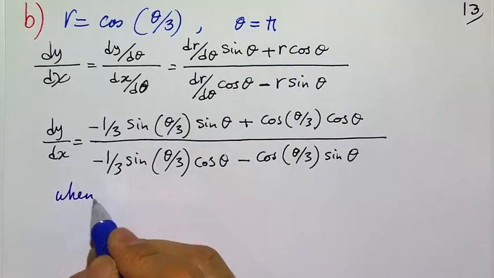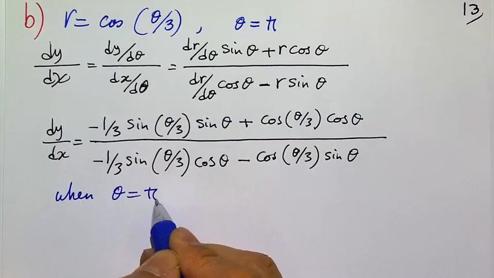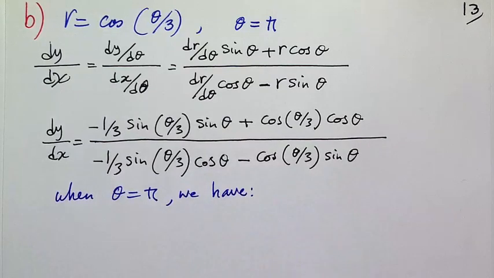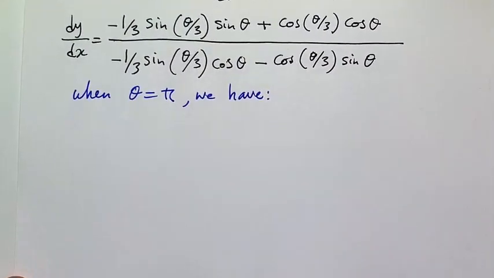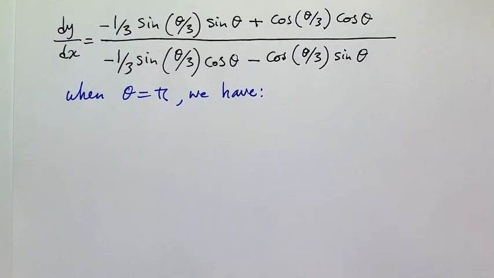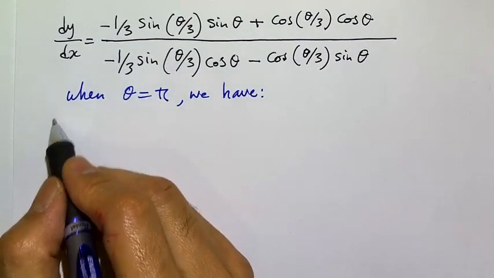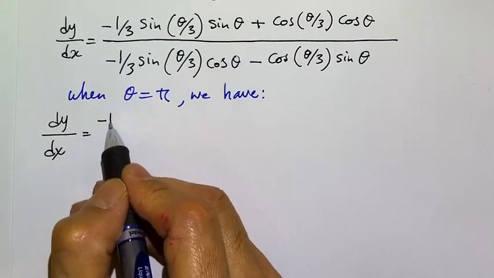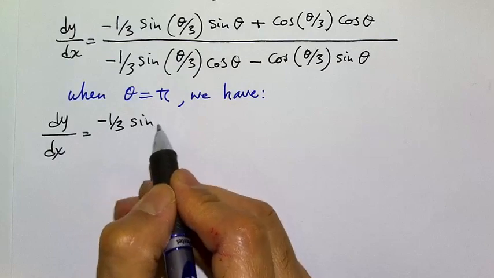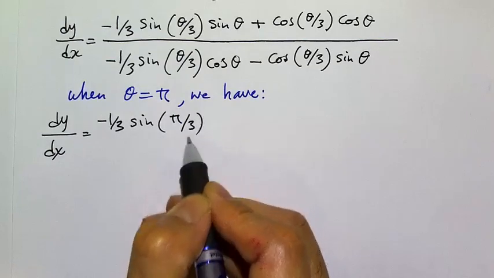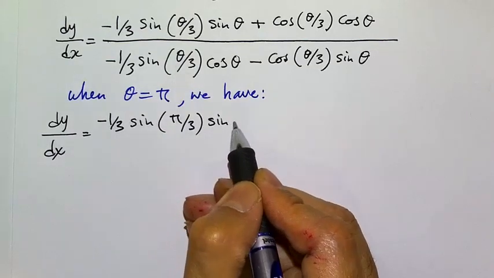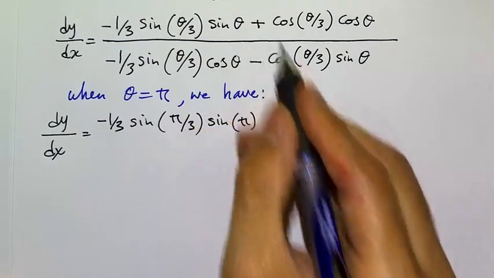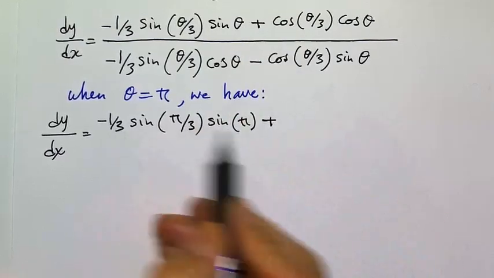When theta equals pi, we have the following. dy/dx equals minus 1/3 sine of pi over 3 times sine of pi, plus, you already know this term is going to be 0, right?